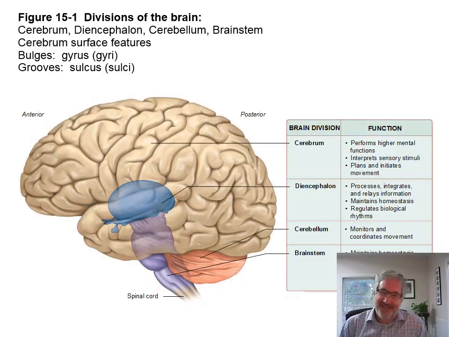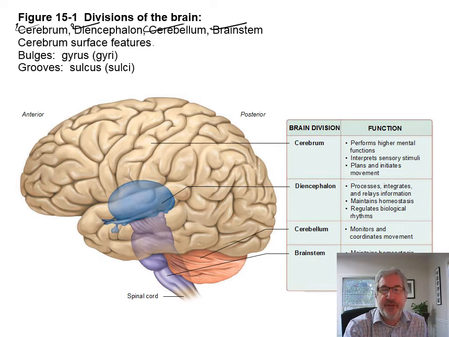Okay, next slide. Okay, so we have an artist drew this picture of the brain, this diagram of the brain, showing the grooves and the bulges that you're more used to seeing when you see a picture of the brain. So we have the cerebrum, the diencephalon, cerebellum, and brainstem.